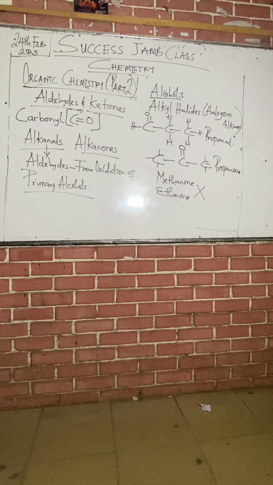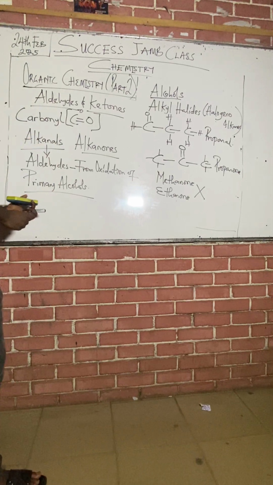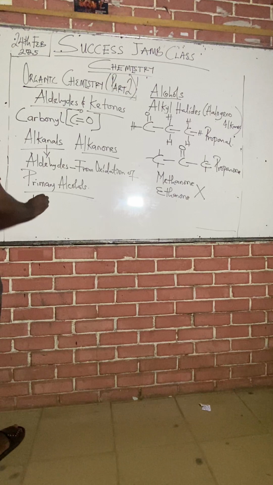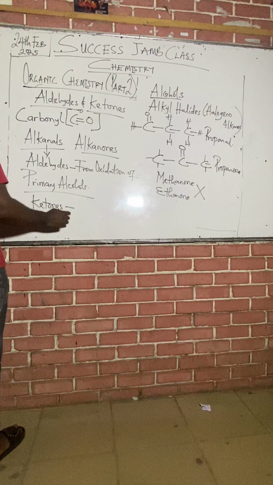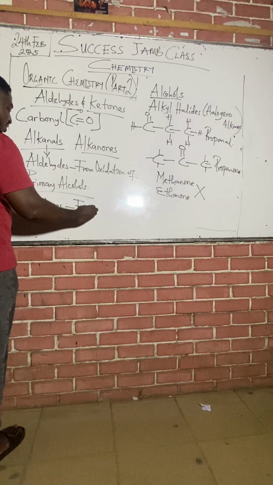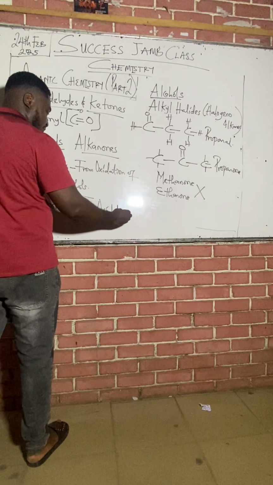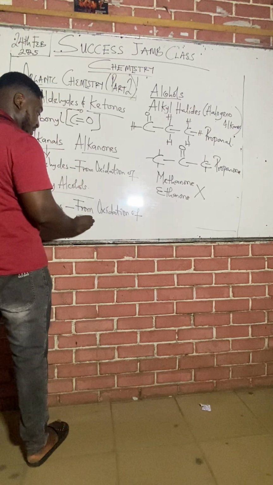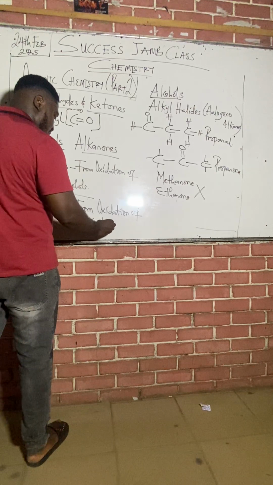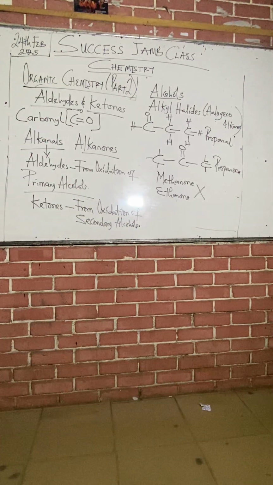So when primary alcohols are oxidized, they give aldehydes, while ketones are formed from the oxidation of secondary alcohols. See why I wanted to do aldehydes and ketones mainly after primary, secondary, and tertiary alcohols. Ketones are formed from oxidation of secondary alcohols.